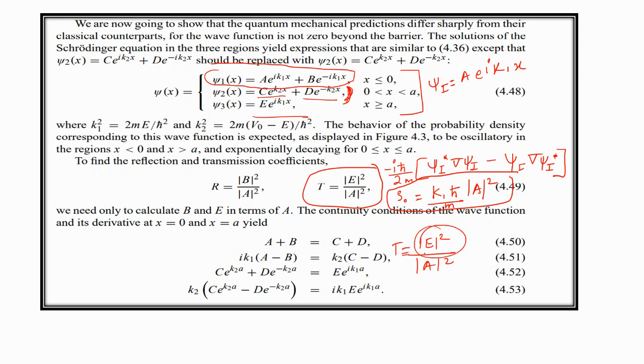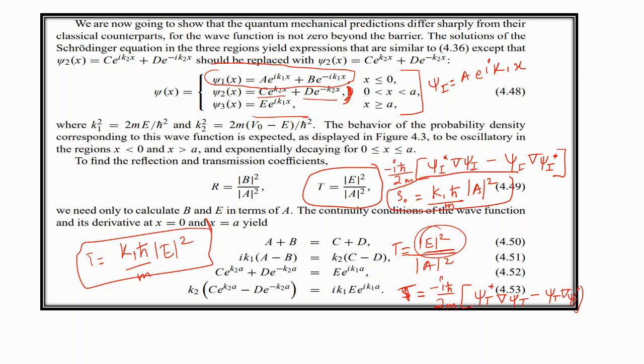If you again find E, you will get the transmission current density this way: minus i h cross upon 2m, psi T star del psi T minus psi T del psi T star. So when you solve it, you will get k1 h cross upon m, E square. This you will get, right?